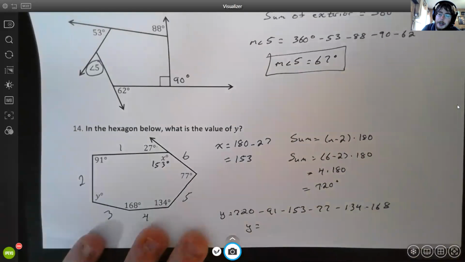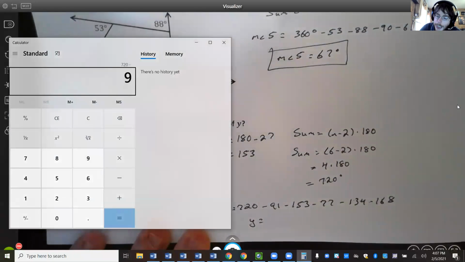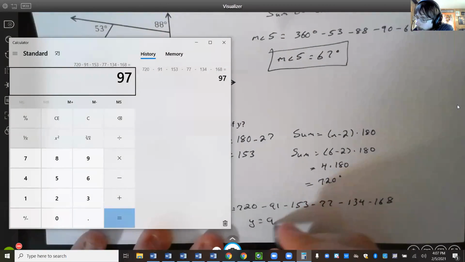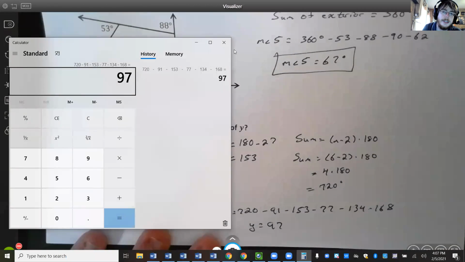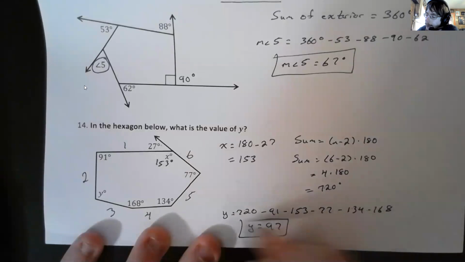I'm just writing it out to show you. And so when you do that, 720 minus 91, minus 153, minus 77, minus 134, minus 168 gives you 97 degrees. So that means that y is equal to 97.